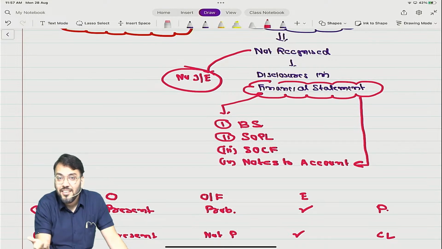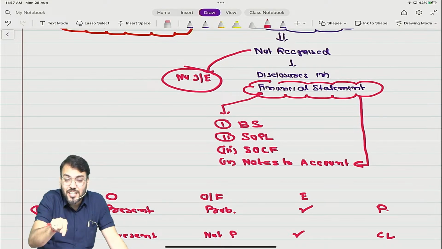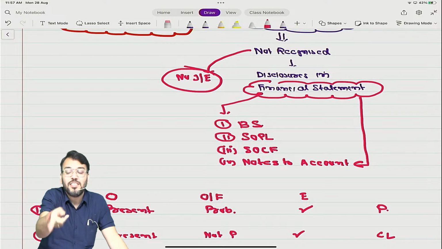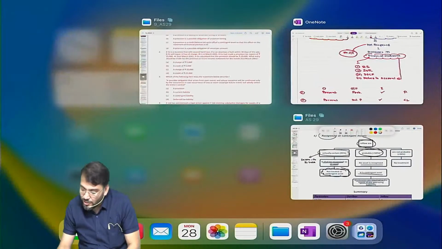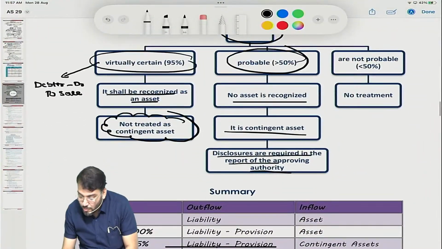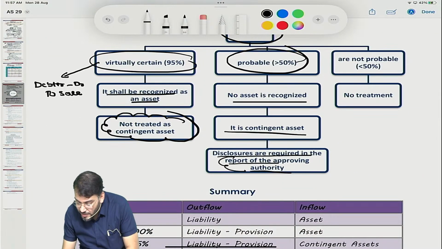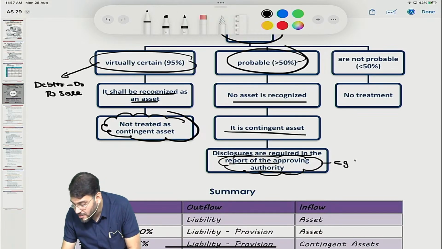Where? In financial statement or in the report of approving authority? In the report of approving authority. So disclosure is required in the report of approving authority. For example, the director's report.